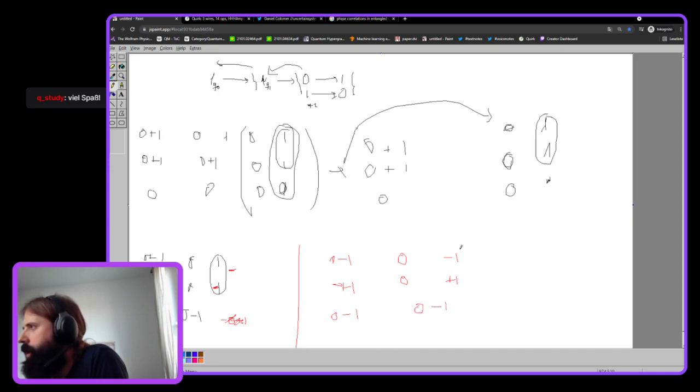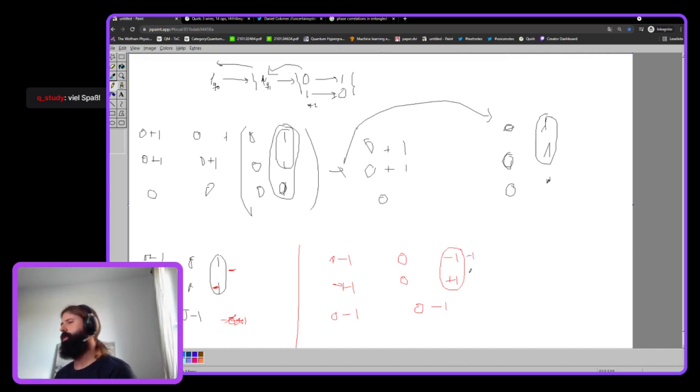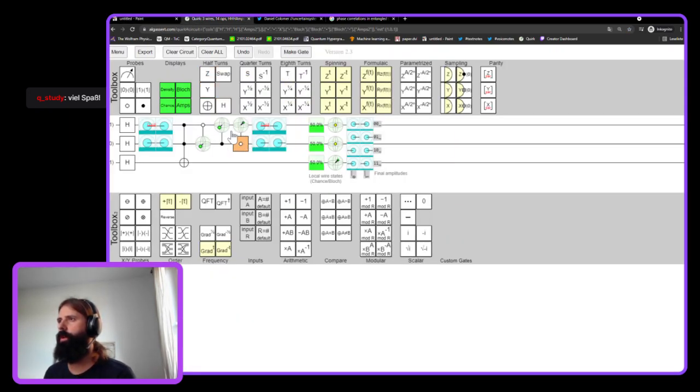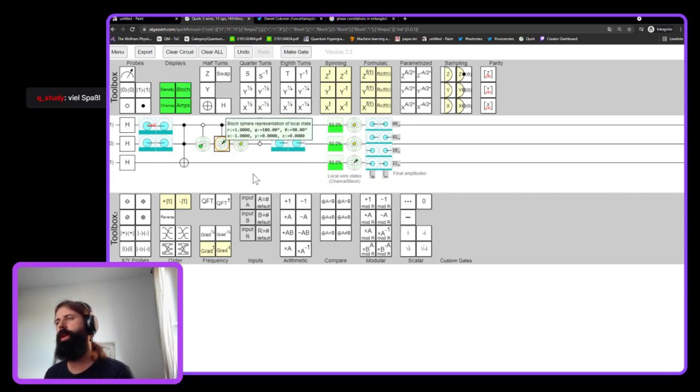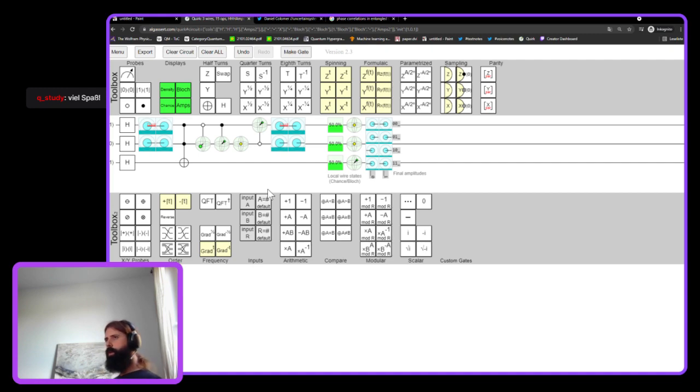But then there's a minus 1 associated to these. If I know that this is a 1, then that's going to be a minus. Boom.